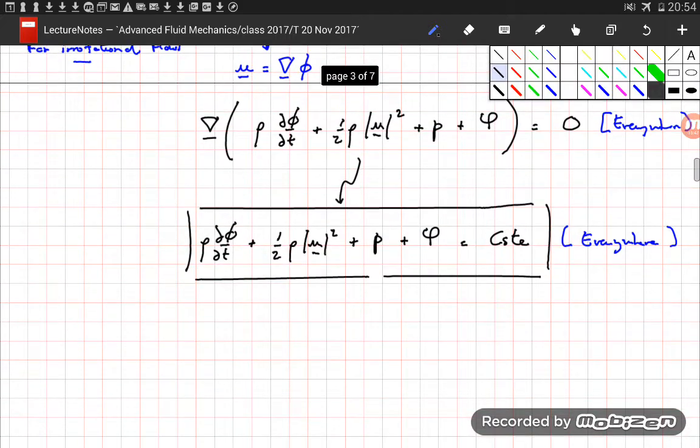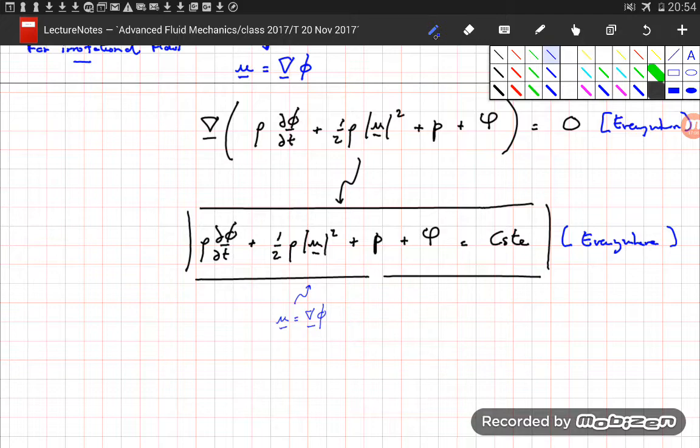Now, of course, it might be a bit strange for you to see here a mix of phi and u. If you are confused because it seems like there are too many variables, just remember here that u is just the gradient of phi. So this is really an equation for the velocity.